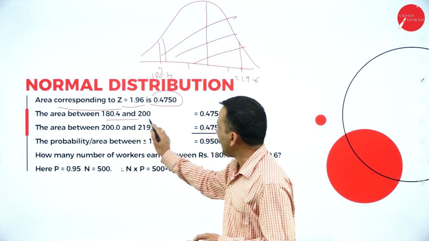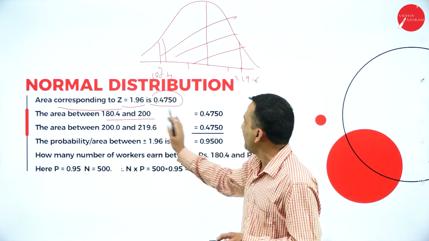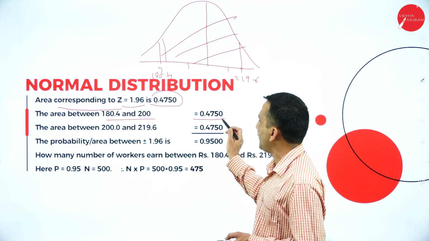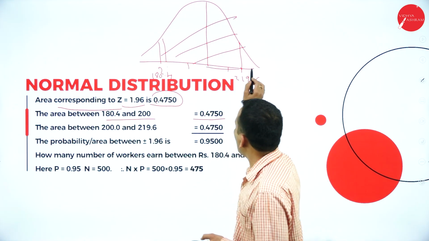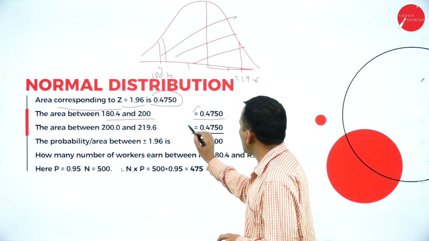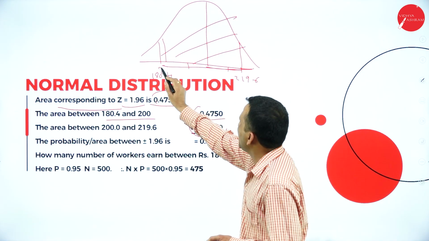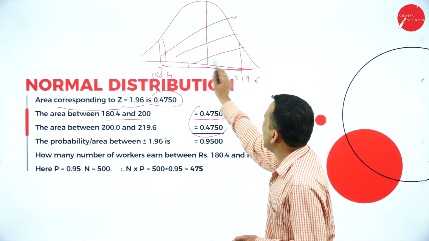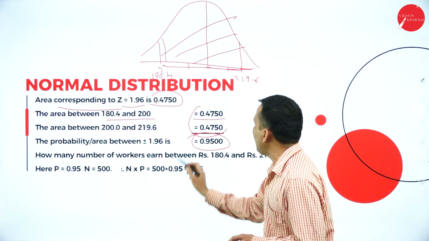Left side we get 0.4750 and right side also 0.4750. If you add together, from minus 1.96 to plus 1.96, the area covered is a total of 95%.